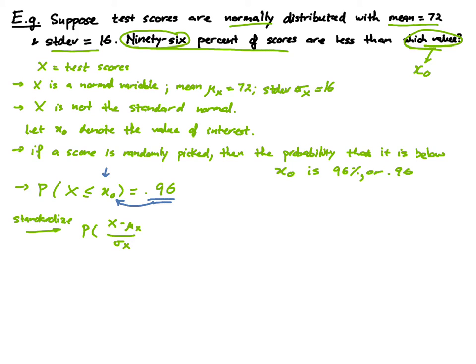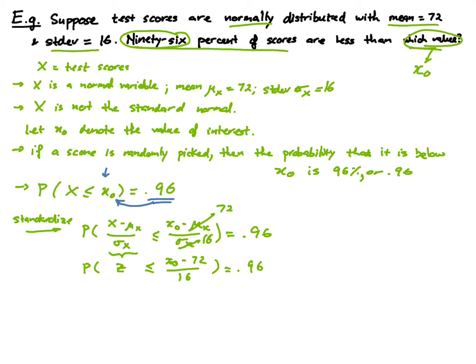So you're going to have x sub 0 minus mu x divided by sigma x equals 0.96. Here x minus mu x divided by sigma x gives us z, and we know that mu x is 72 and sigma x is 16. So we have x sub 0 minus 72 divided by 16 is equal to 0.96.